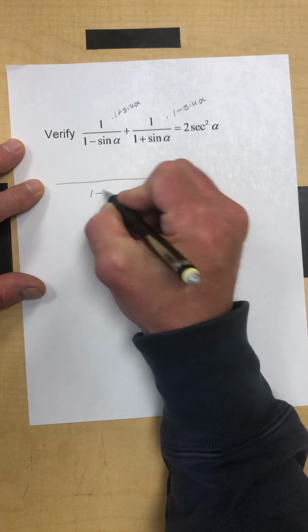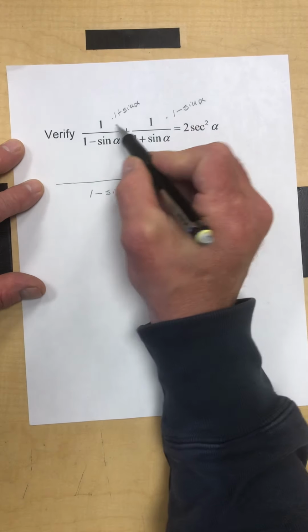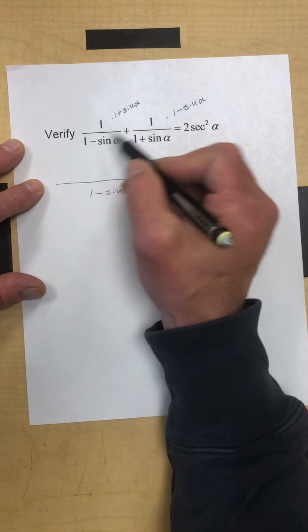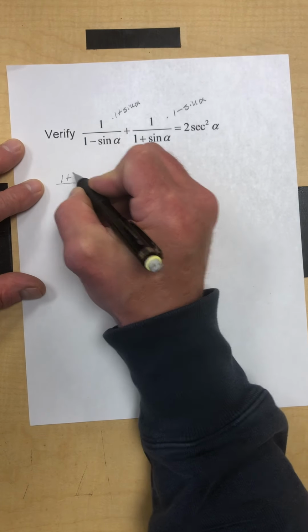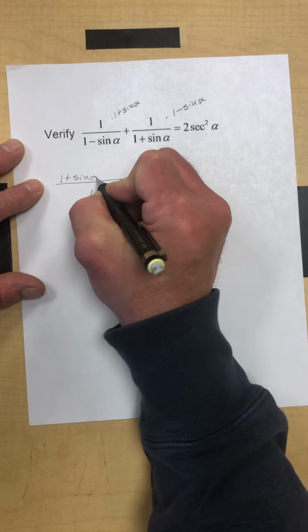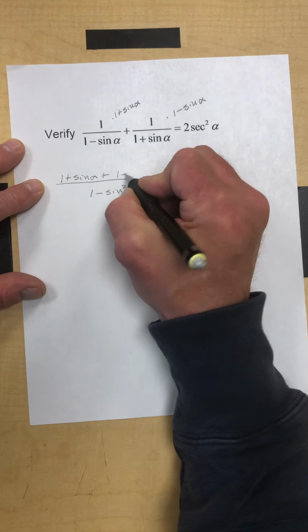So I'm going to get 1 minus sine squared of alpha. Okay, so from over here, distribute the 1 there and distribute the 1 there, so it doesn't really change anything. So I get 1 plus sine of alpha plus 1 minus sine of alpha.